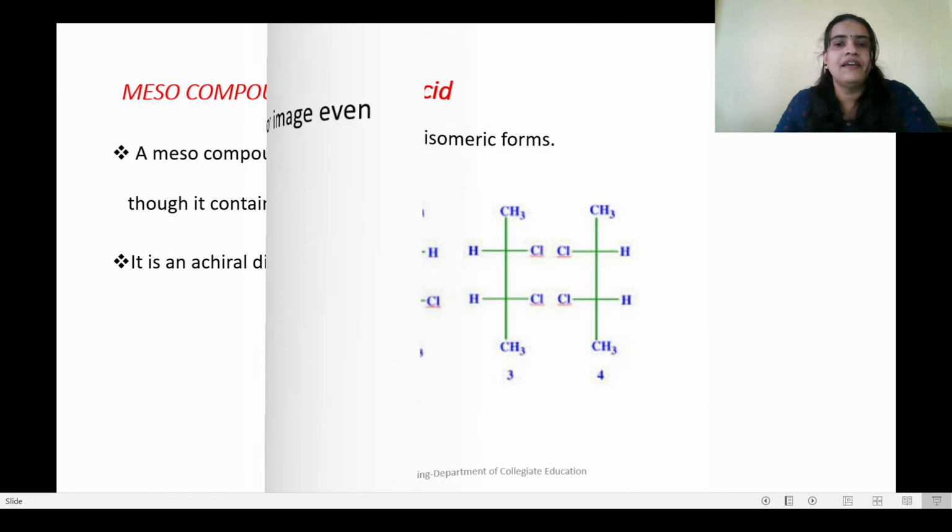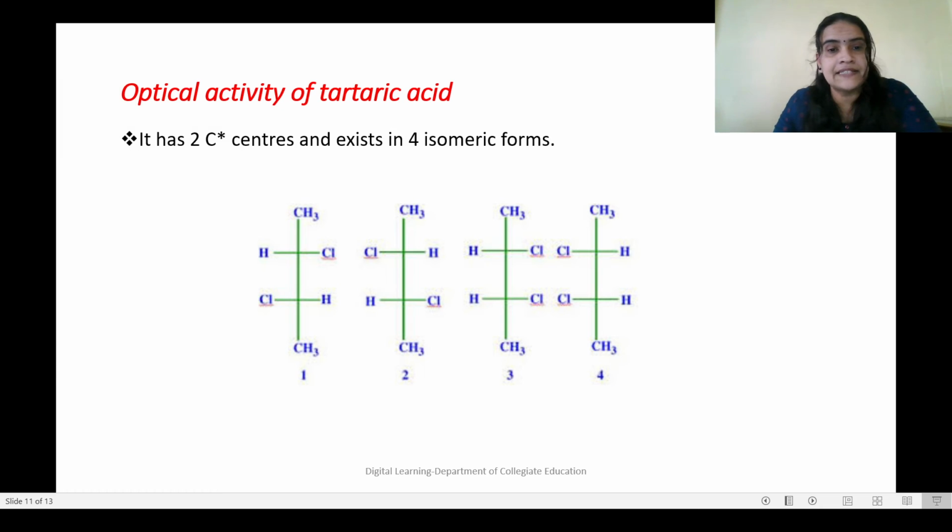In a similar way, we can explain the optical activity of 2,3-dichlorobutane. So here again, 1 and 2 are enantiomers and 3 and 4 are diastereomers, or they are meso forms. 3 and 4 are meso forms and 1 and 2 are enantiomers.